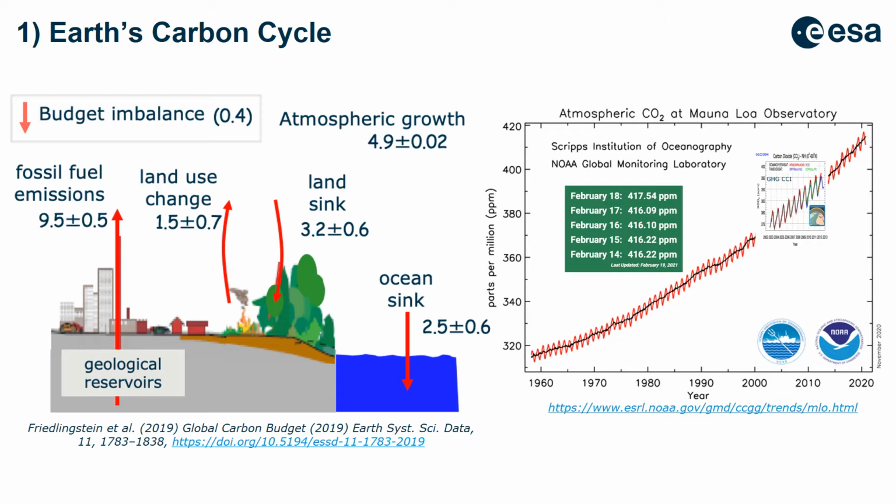So atmospheric CO2 is increasing. That's having a profound impact on our climate, which I'll talk about in a bit. But in the context of the second part of the lecture, the application we're looking at is using ocean colour observations to understand the cycling of carbon in the ocean.